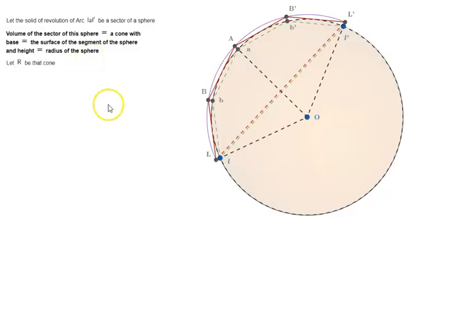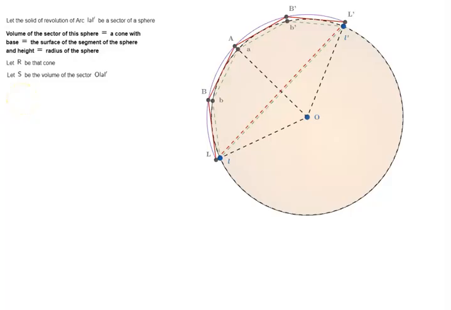So now let R be that cone, the cone that has its base equal to the surface of the segment of the sphere and height equal to the radius of the sphere. Let S be the volume of the sector OLAL prime. What the proposition is saying is that R is equal to S.